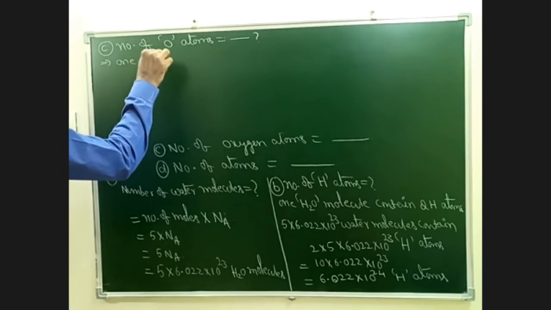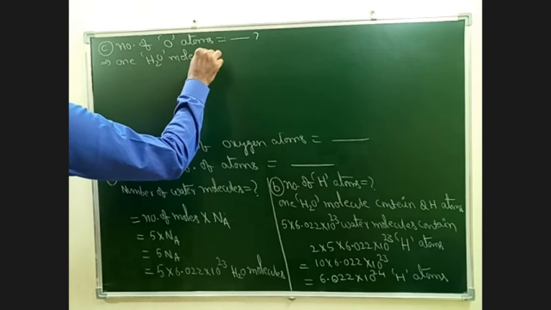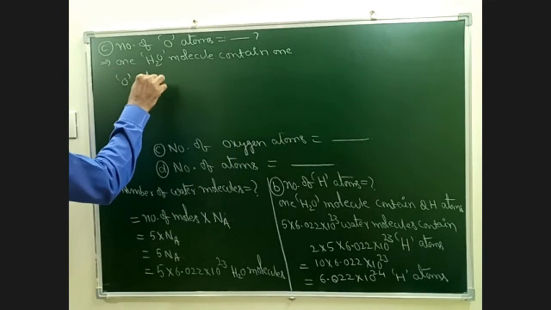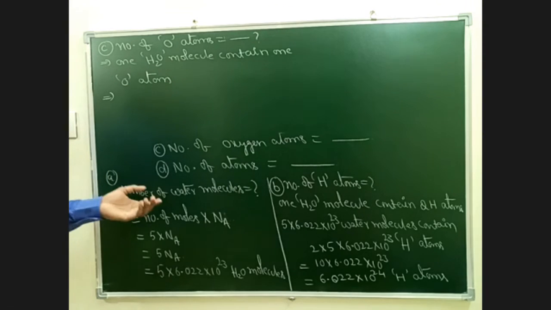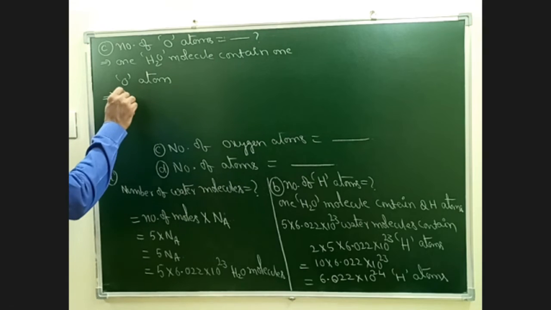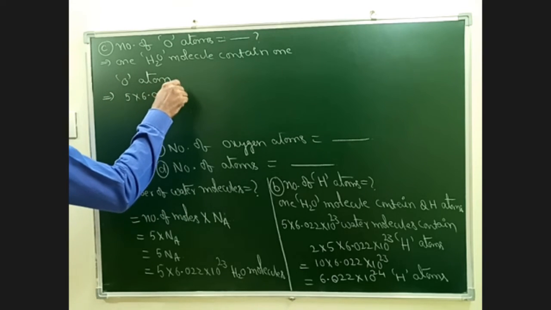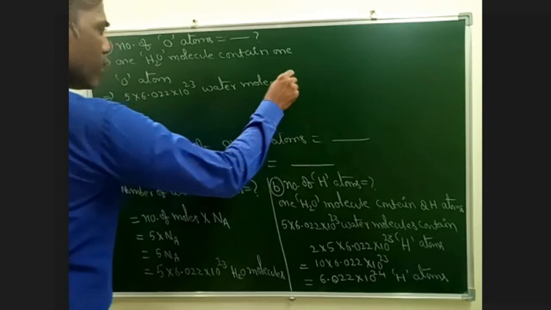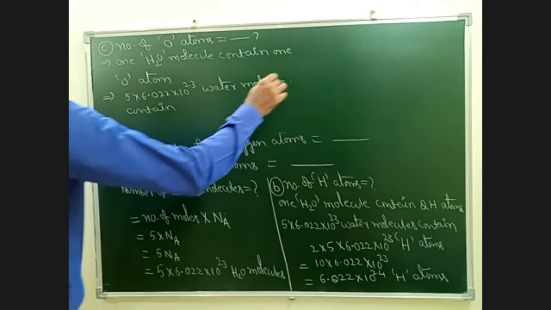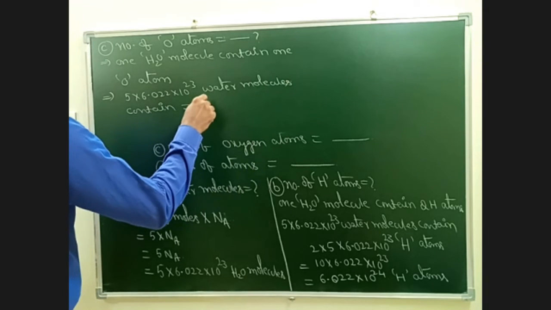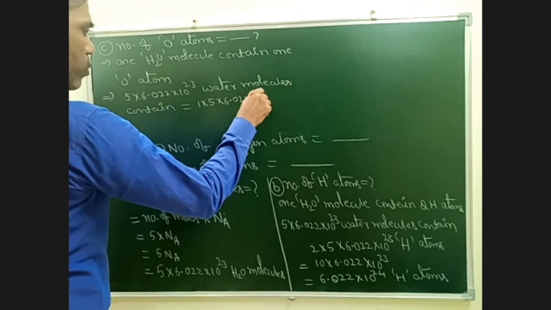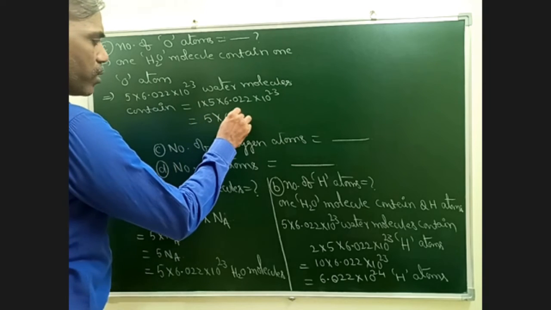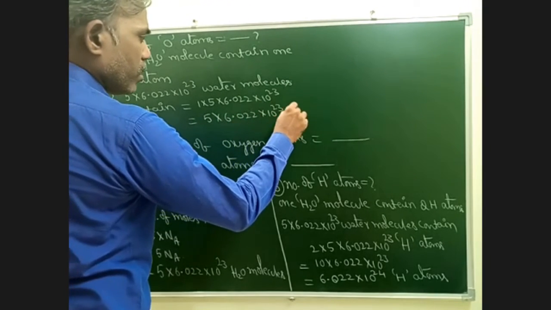But the water bottle contains how many molecules? 5 into 6.022 into 10 power 23 water molecules contain 1 into 5 into 6.022 into 10 power 23, so 5 into 6.022 into 10 power 23 oxygen atoms.